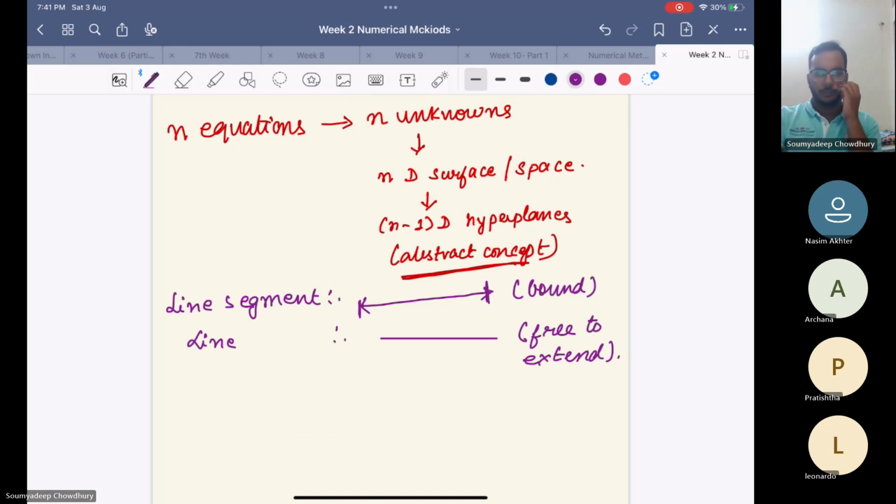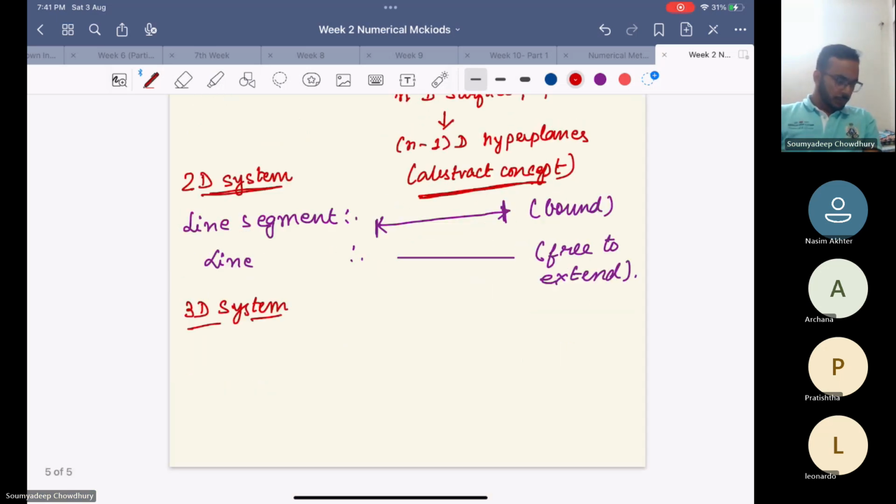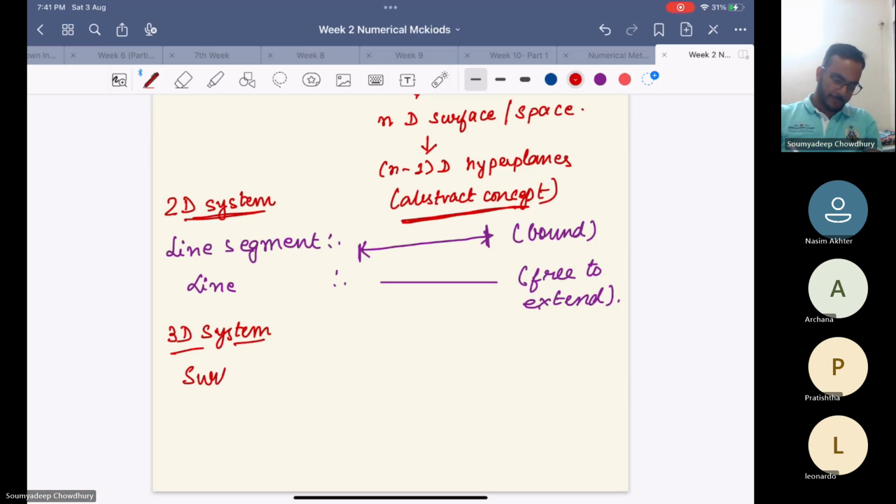Fine? Is it clear? Similarly, this is the concept in 2D, right? Yes? You want to tell something, anyone? No, it's clear. I understood. Okay. This is the 2D system. So when we go to the 3D system, we have a surface.